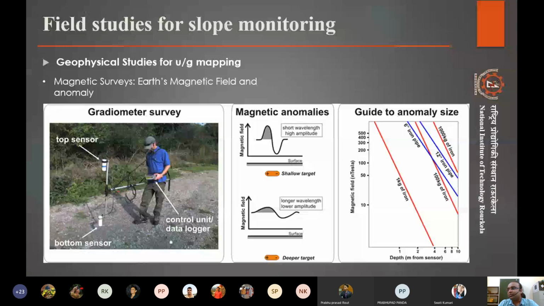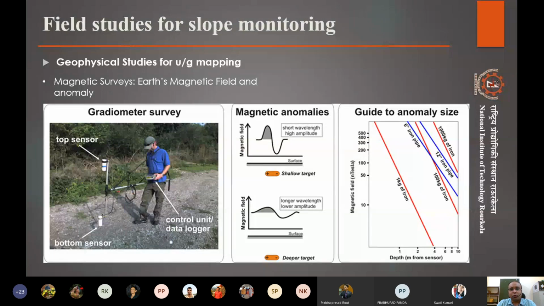Then there are magnetic surveys. Magnetic surveys are based on the changes in the Earth's magnetic field. As I was saying, there can be presence of more magnetic material nearby. Suppose in an iron ore rich area, the magnetic fields that are generally quite regular at other places are distorted at these magnetic material places.